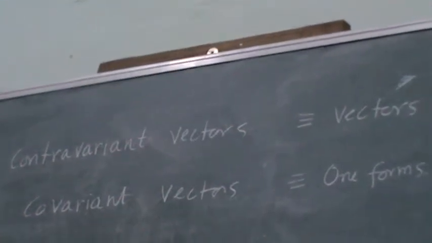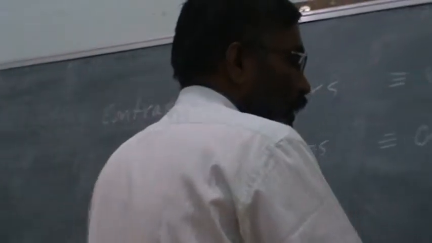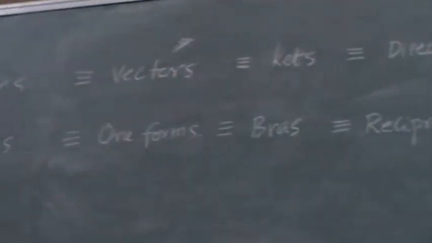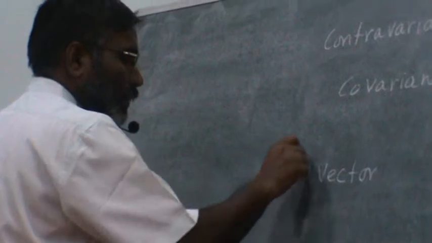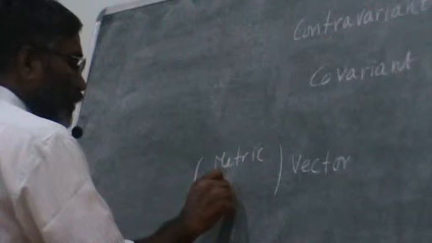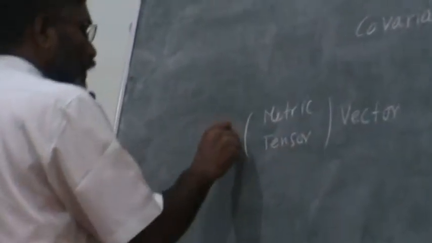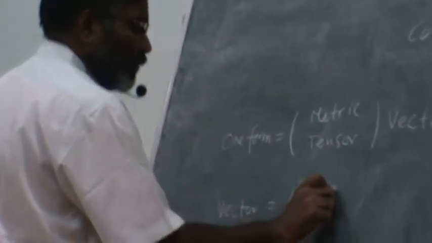Okay, so this is the kind of connection that we have. Vector, you put a metric tensor here, you get the one form. And you get a vector by taking the inverse of the metric tensor.